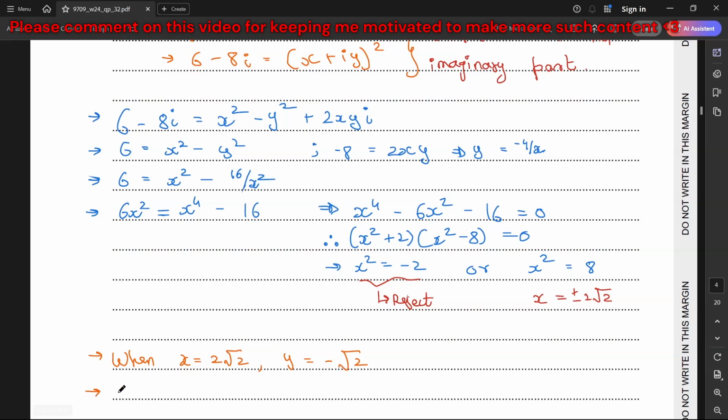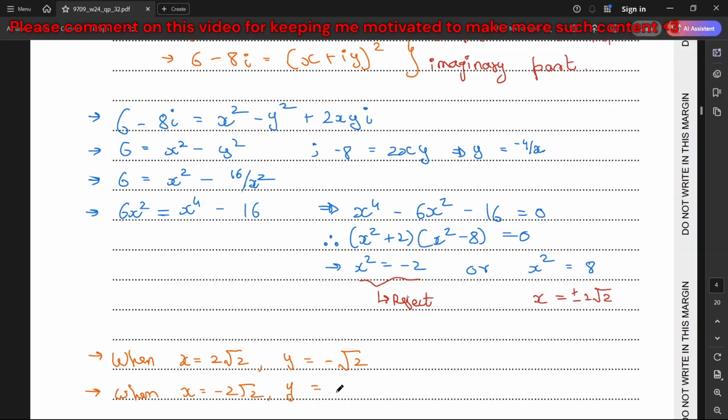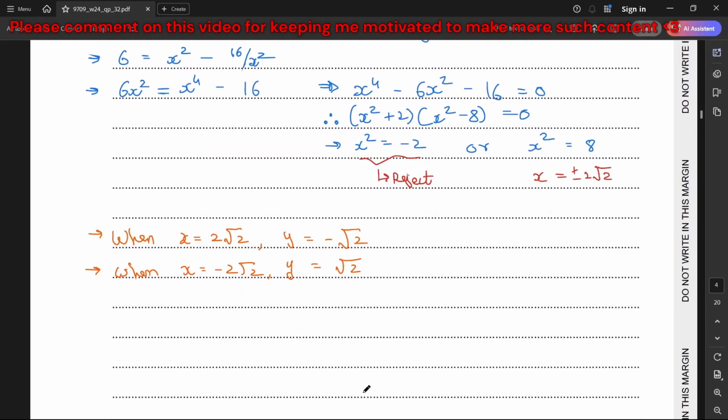And similarly, when I do x is equal to negative 2 root 2, it's going to give me y is equal to, so I just have a negative sign over here, and that's it. I'm going to get a positive root 2. So from here, what can we say?